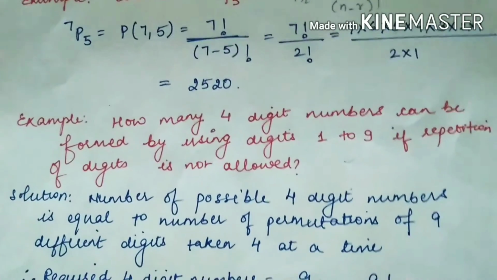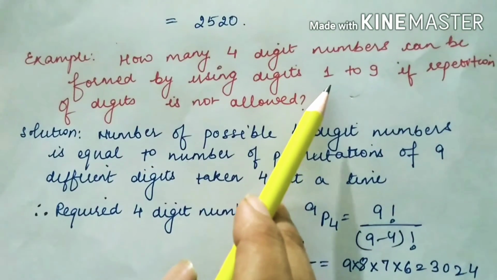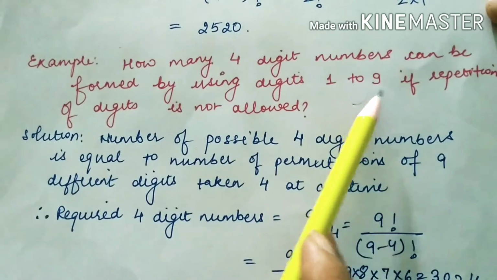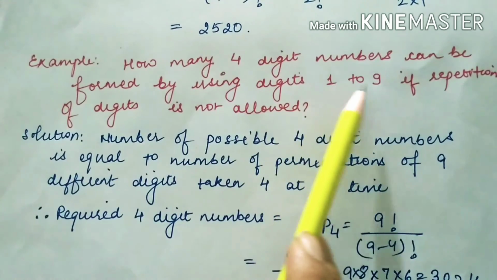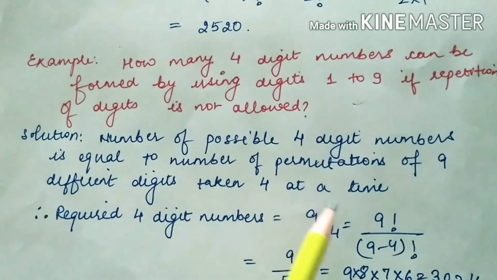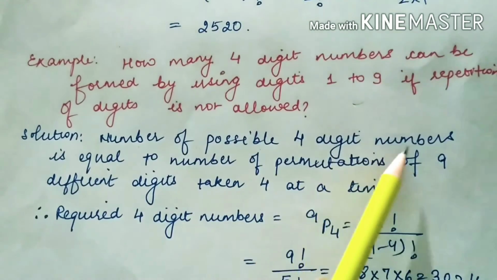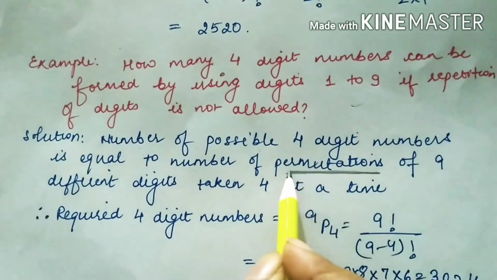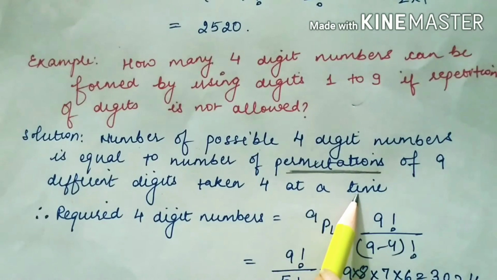Next example. It says, how many 4-digit numbers can be formed by using the digits 1 to 9 if repetition of digits is not allowed? Now see, how many digits we have in total? We have 1 to 9, so we have 9 digits. Number of possible 4-digit numbers is equal to the number of permutations of 9 different digits taken 4 at a time.